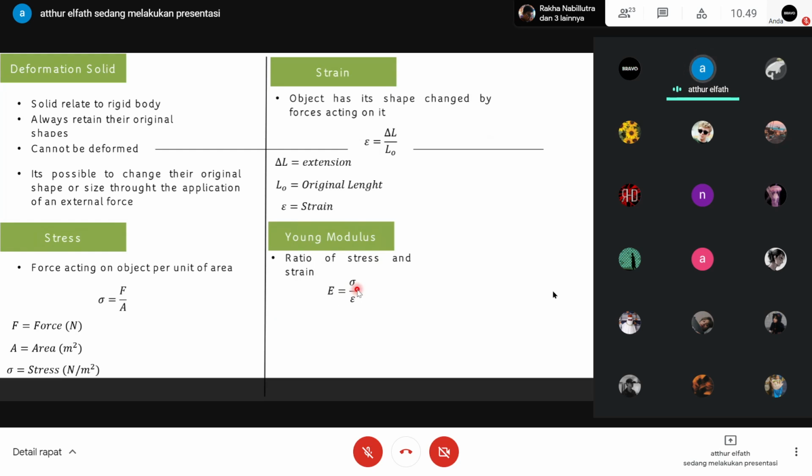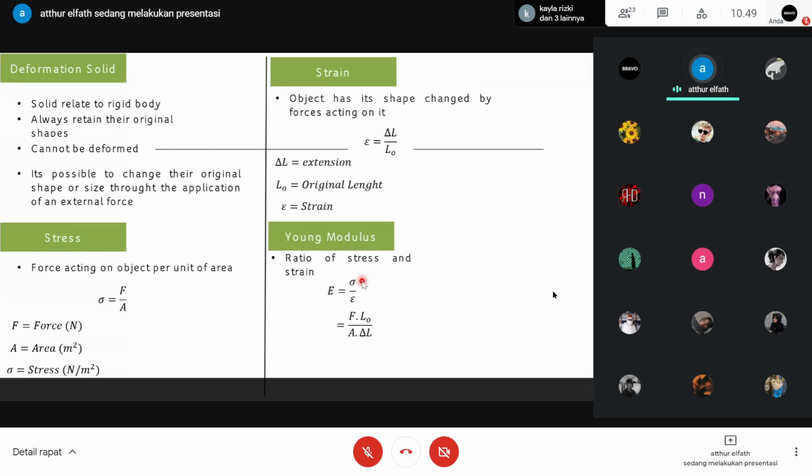If you substitute the formula of each magnitude, as we knew the stress is force per area, meanwhile the strain is delta L per L0, then let's substitute these formulas into this equation.